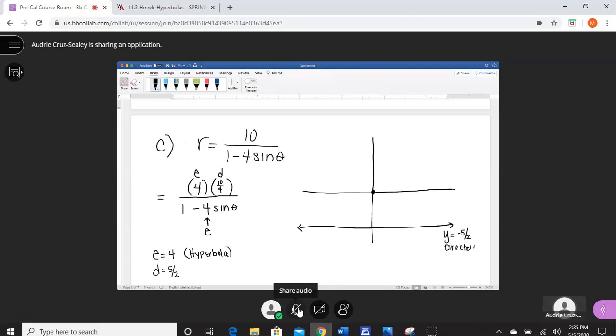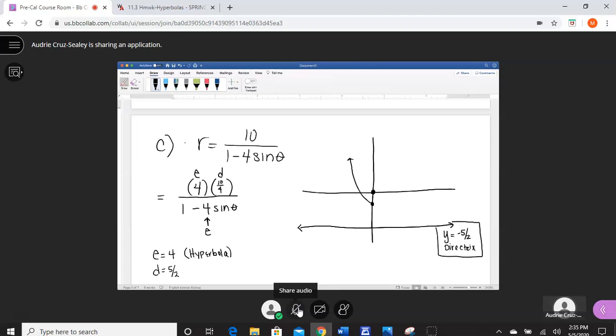Let's go one thing at a time. So here's your directrix. We're good with that because it asked us to find that. So we have that one now, which means that you are going to have a vertex here. Do you agree with that? You're going to have a vertex here, so that's going to open this way.